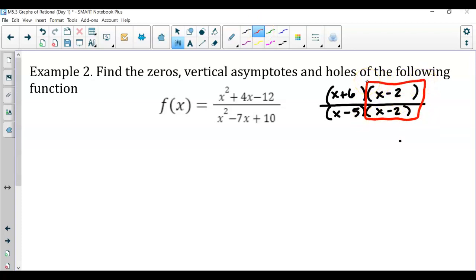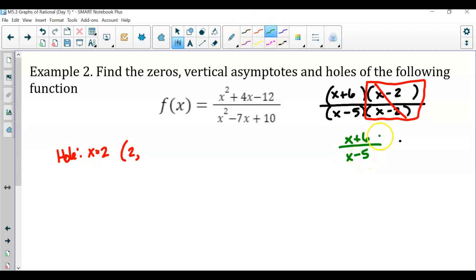So that is what we would cancel out, and that's going to represent our hole. So the hole of the graph is at x is equal to 2. So the x coordinate is 2. So now let's continue. I would cancel those out, right? And we're left with x plus 6 over x minus 5. That would be the simplified form.